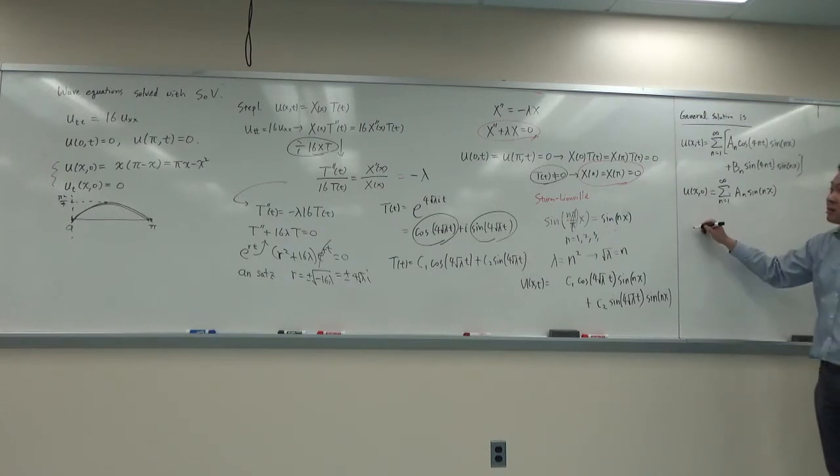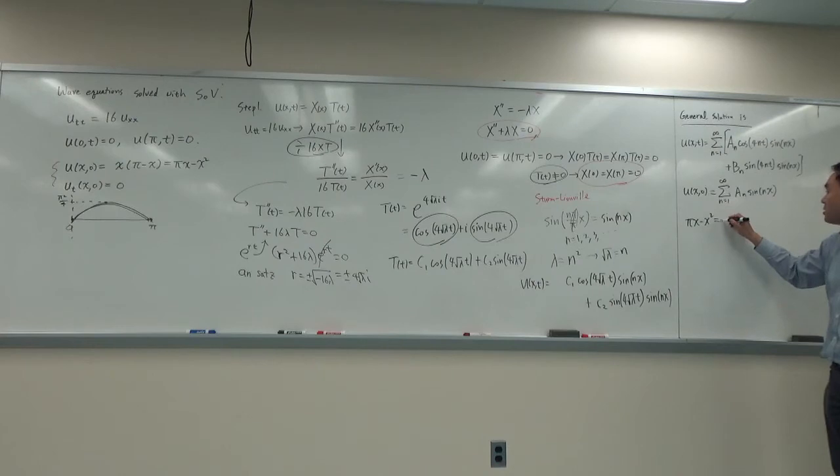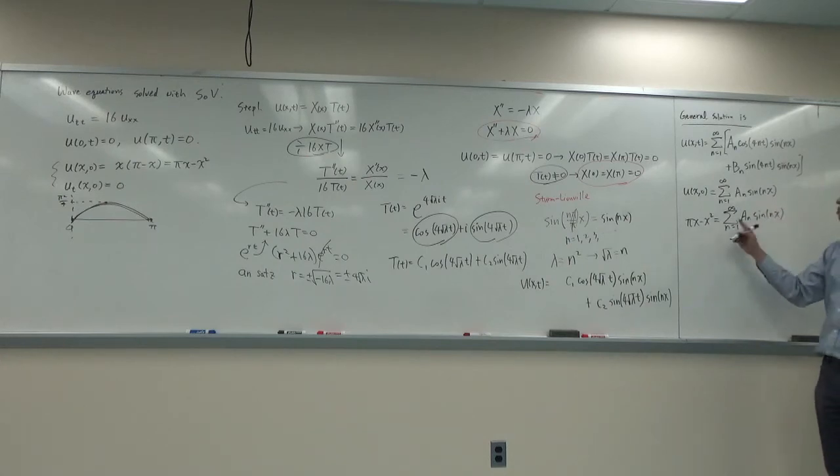And since this is pi x minus x squared, you're really looking at A_n to be the Fourier sine series coefficients. I really needed to put this as capital A because it would confuse with lowercase a, so this is really lowercase b_n.